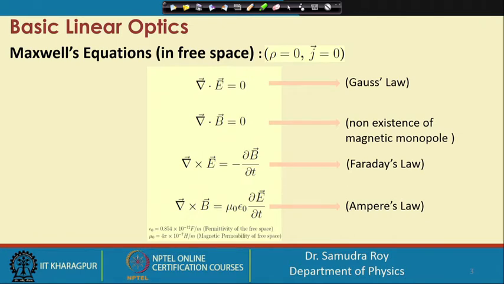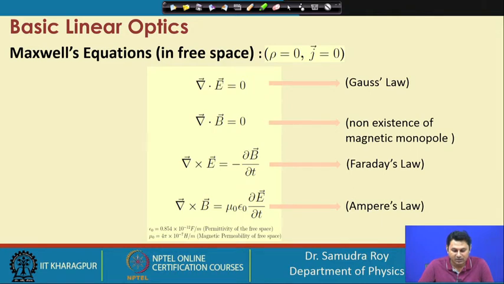The first equation, grad dot E equal to 0, because this is written in free space, and when we write these in free space, the charge density rho and the current density J will be 0. So, the first equation, grad dot E equal to 0, stands for Gauss's law.